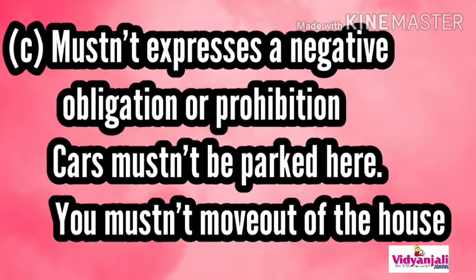And negatives also, negative obligation or prohibition. Mustn't, must plus n't, expresses a negative obligation or prohibition. Observe the example. Cars mustn't be parked here. You mustn't move out of the house.